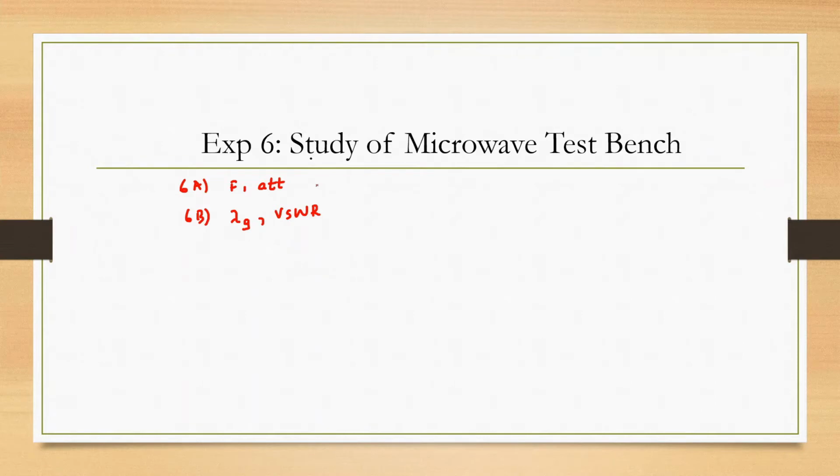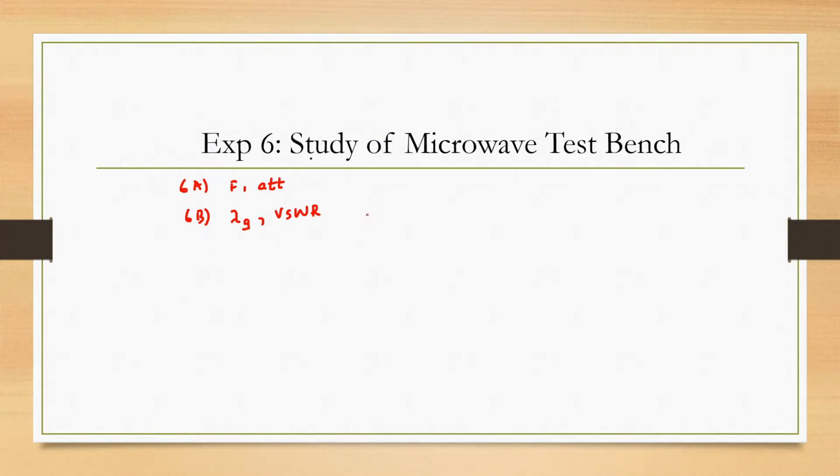Now before jumping into the actual procedure of what we are going to conduct and measure, we have to understand what is microwave and what is a microwave test bench. Let me first explain the microwave test bench, then we'll revise some of the topics you have already studied in your MWA course.